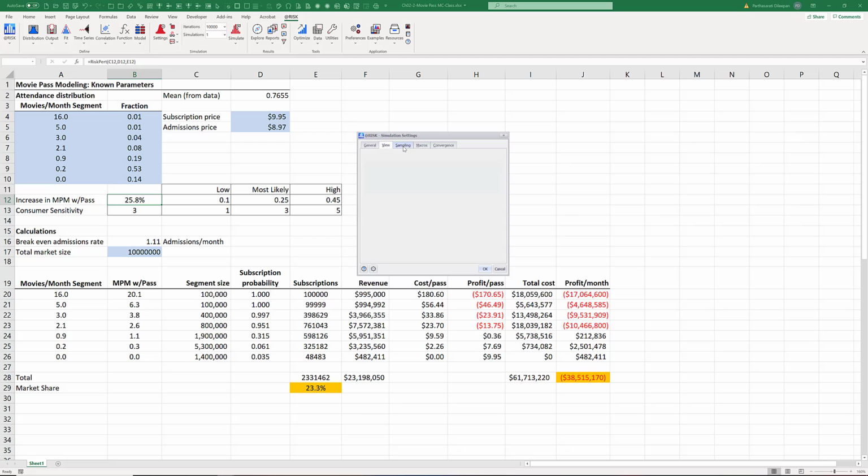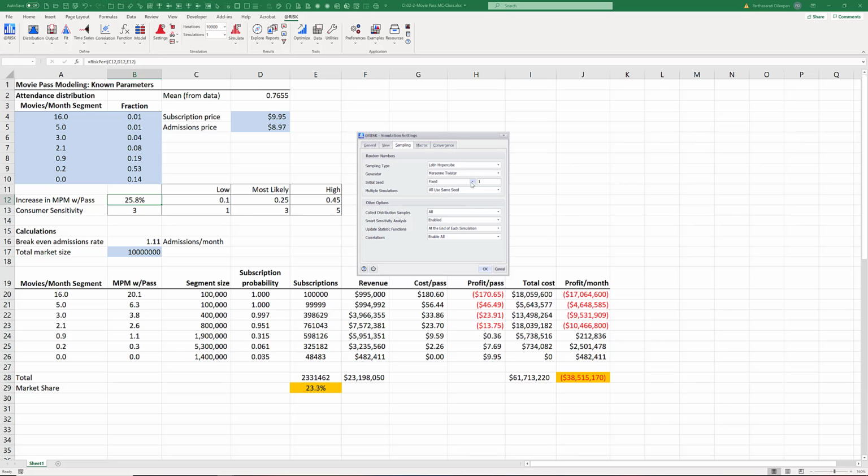Now in sampling, the initial seed is an important setting that you want to consider. If you say fixed and then give a particular seed, any seed if you like, then by repeating the same seed you can generate the same output. So output consistency will be there if that is important. It will generate the same exact results.